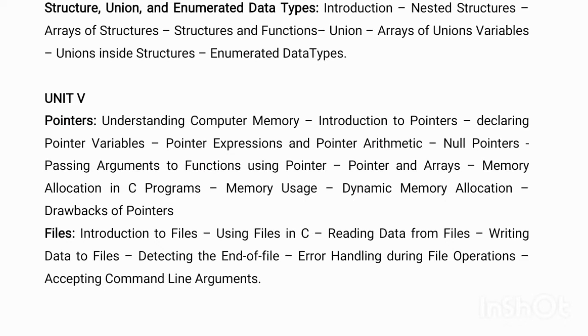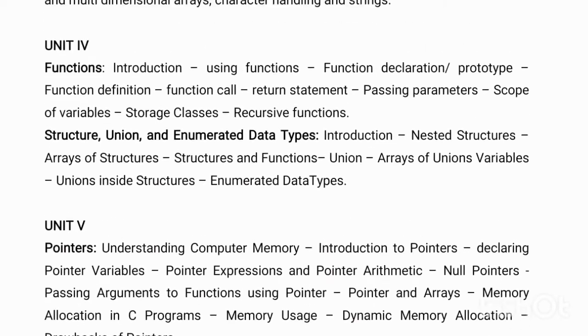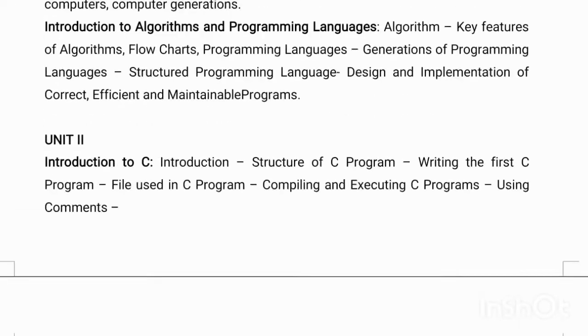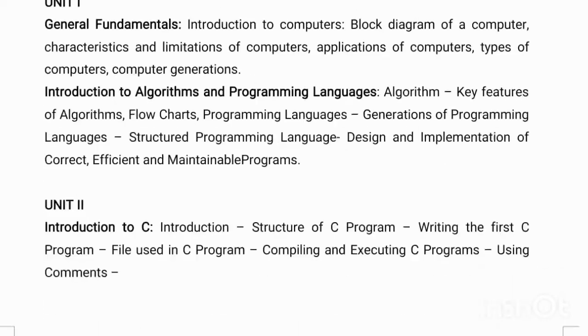Those are the topics of pointers. Next, files: introduction to files, using files in C, reading data from files, writing data to files, detecting the end of file, error handling during file operations, accepting command line arguments. So this is the detailed syllabus of first B.Sc first semester computer science.